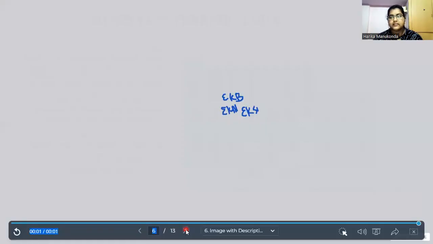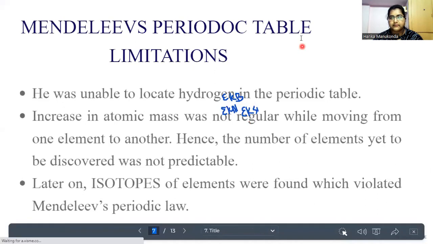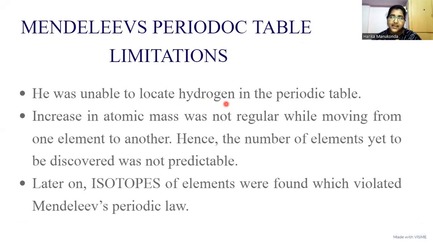Now we will see what limitations we can see in Mendeleev's periodic table. He was unable to locate the hydrogen element in the periodic table because hydrogen behaved very peculiarly. It behaved like an alkali metal and also like a halogen.